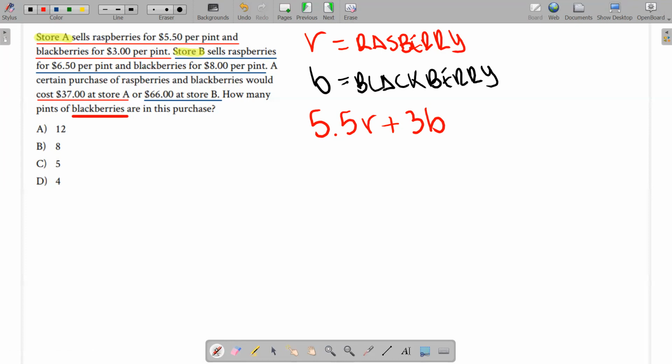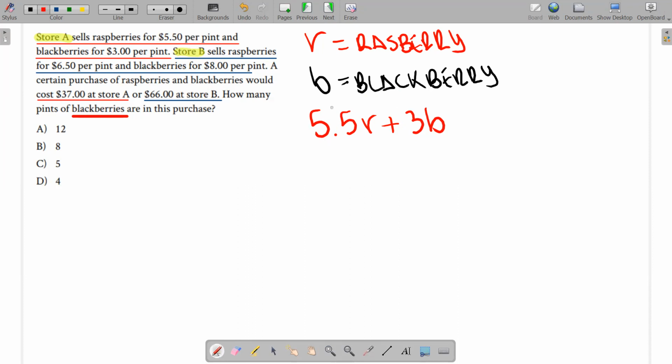But this is not an equation at this point, right? We don't have an equation yet, because the equation comes up when, in the third sentence, we know that someone makes a purchase and that purchase on store A would be $37. What I wrote right here is an expression that represents dollars, because these numbers are rates.